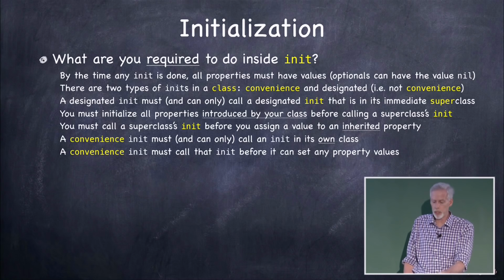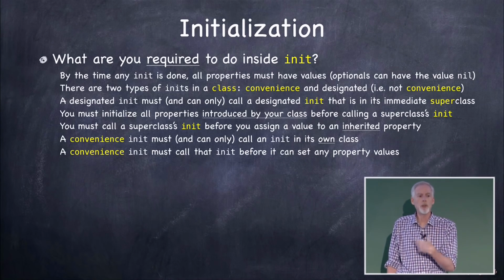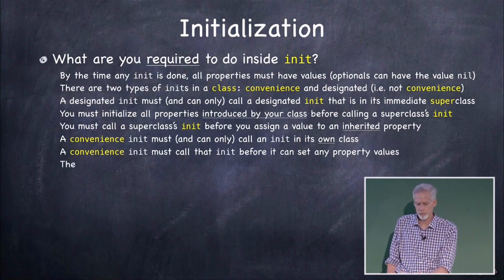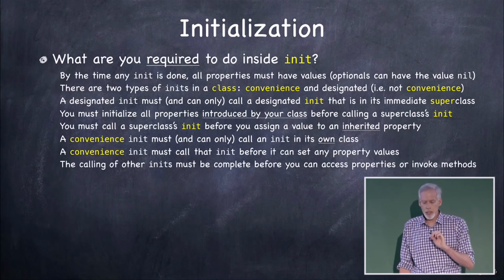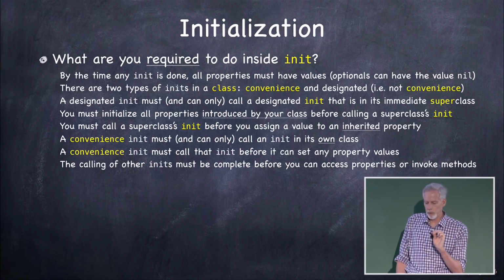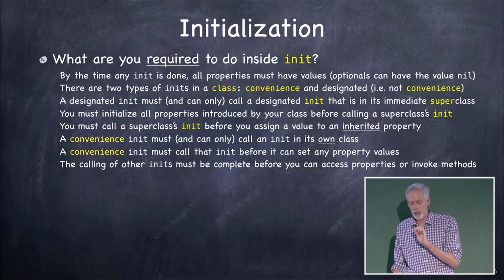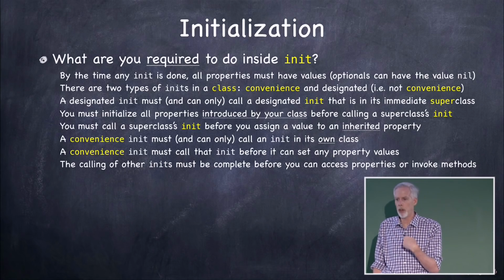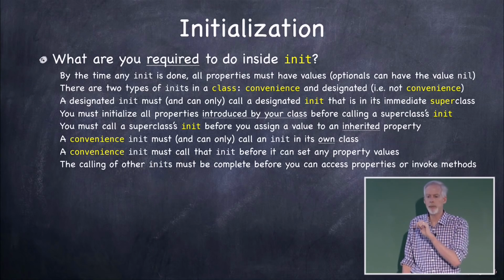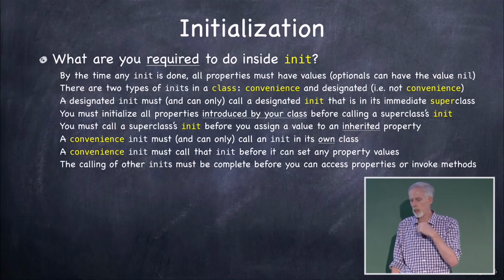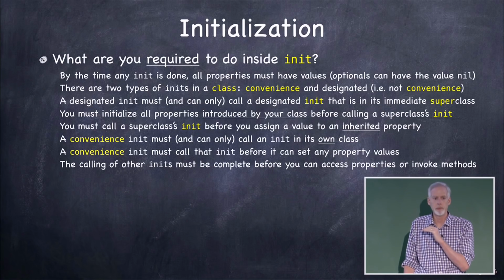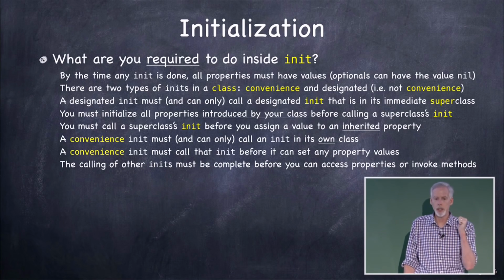So by the time a convenience initializer gets back from the init, all the property values will be set, and it can reset them to something else. It's just a convenience. Calling other inits has to be complete before you can access any properties or methods in yourself. So you can't say self.anything, you can't access any of the properties or methods in yourself until you're fully initialized. So you'll have to have called the other inits first.